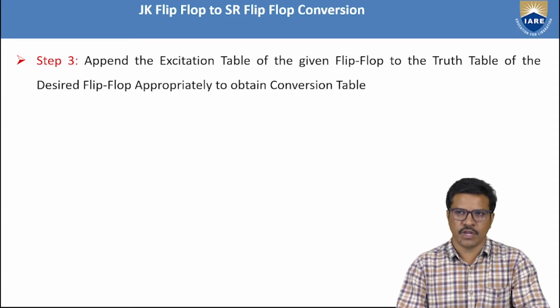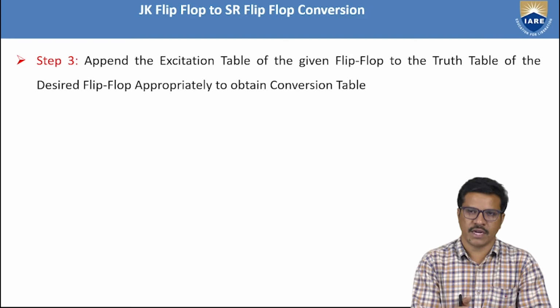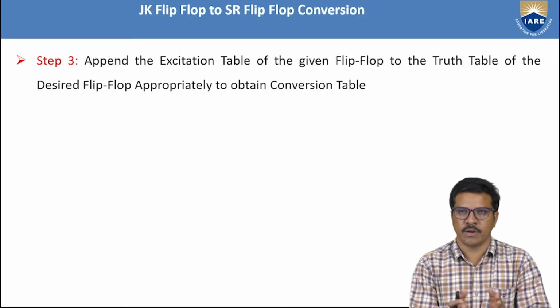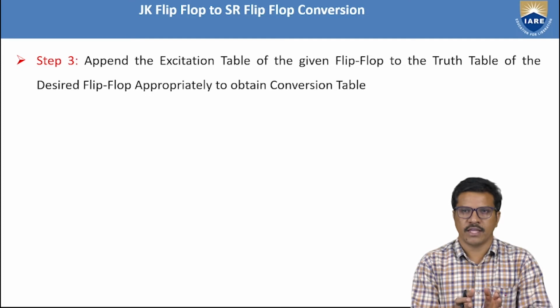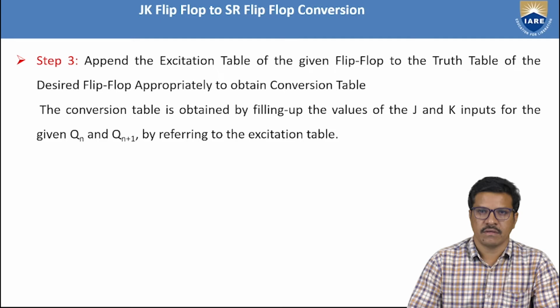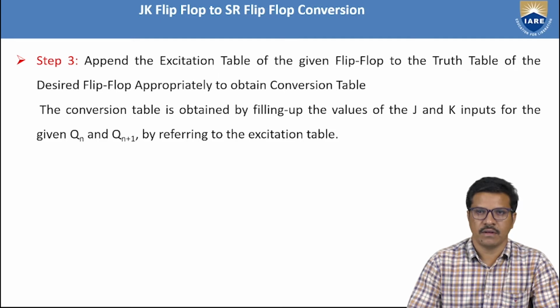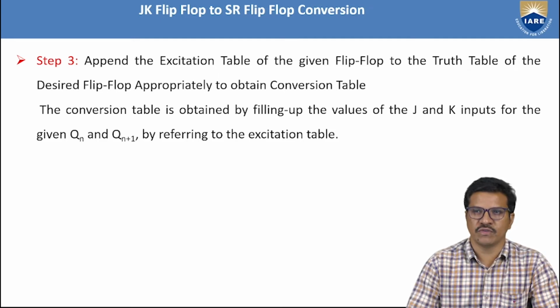You can take the truth table on the left side and the excitation table on the right side, and then you can get the conversion table from this single table. The conversion table is obtained by filling up the values of J, K inputs for the given Qn and Qn plus 1 by referring to the excitation table.